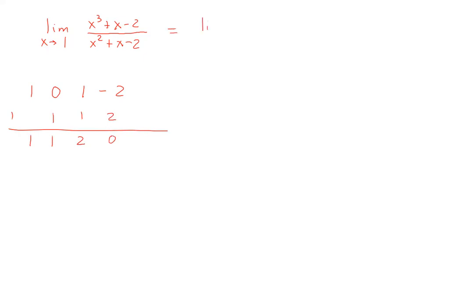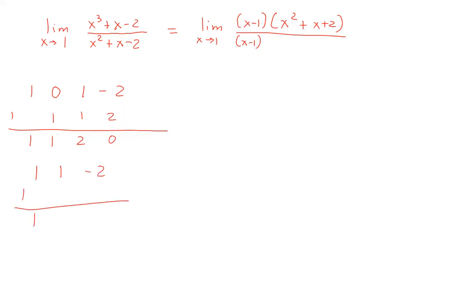So this will end up being the limit as x tends to 1. So on the top, we just found x minus 1 times x squared plus x plus 2, actually. And on the bottom, we can, again, do a synthetic division. Let's see what we find. So we have 1, 1, negative 2, 1 here, put 1 down.